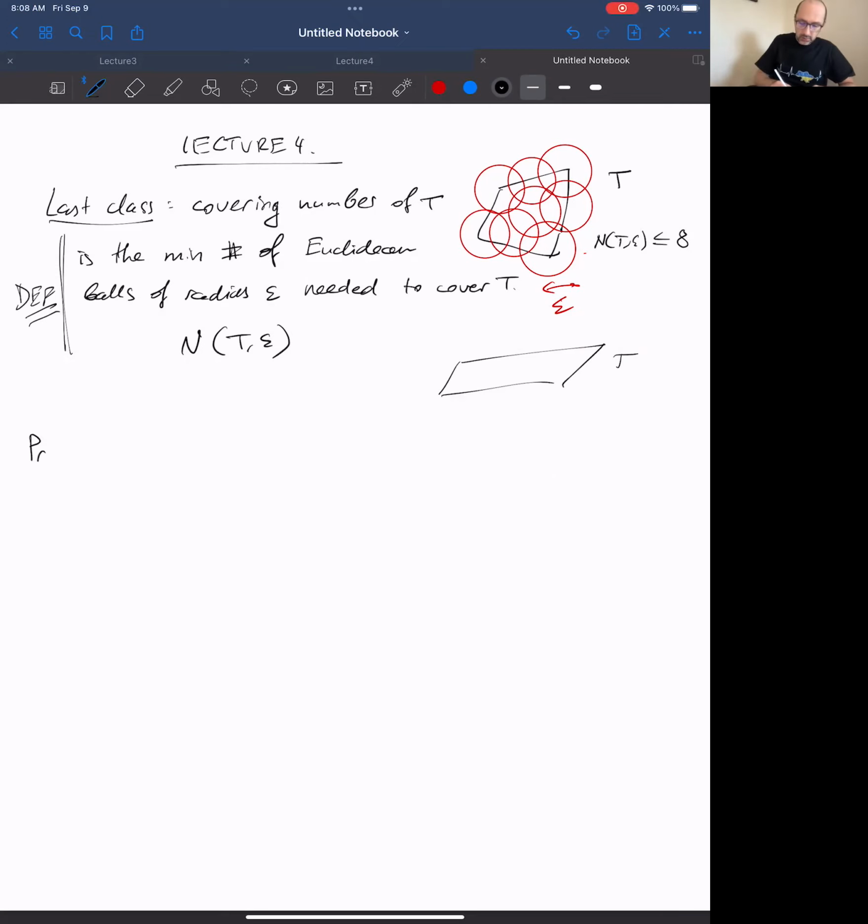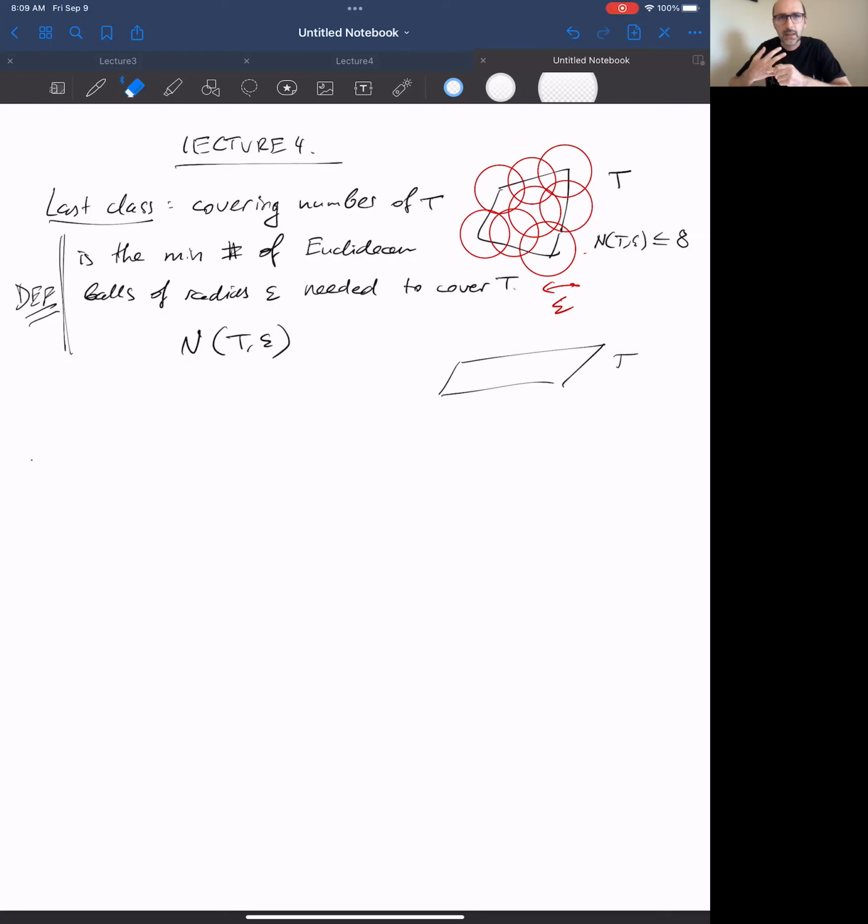We then showed 2 surprising things about covering numbers. Well, first of all, let me actually tell you this. I do not know if the covering number can be computed exactly in polynomial time. So computationally, it's not clear to me. I think maybe it's an NP-hard problem. I'm not so sure, generally.